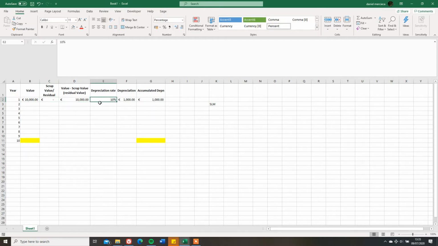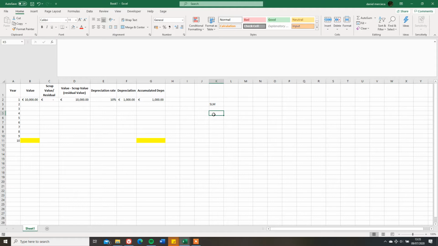We'll be choosing a depreciation rate. In this case, I have chosen 10%. I could have chosen 5%, but let's keep it simple with the 10%. Just a side note, you may be given at some instances that an asset is depreciated over a number of years rather than a strict depreciation rate, such as 10%.